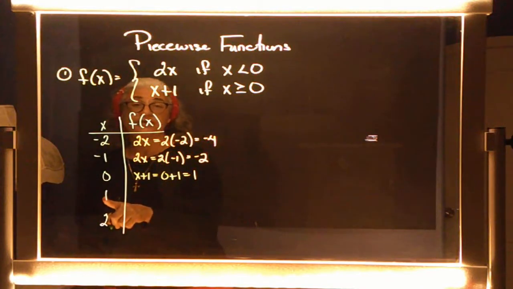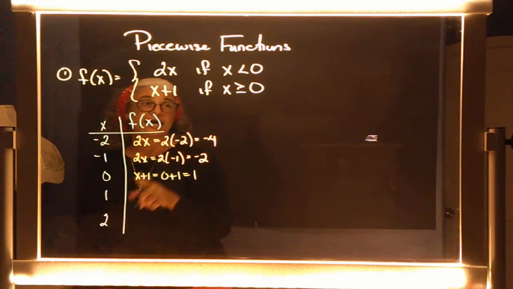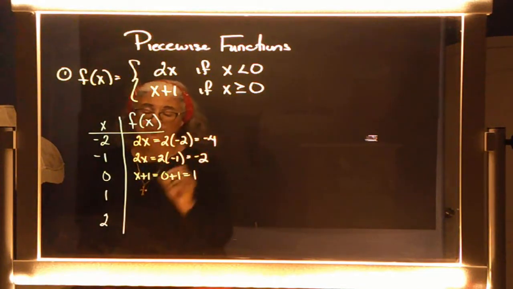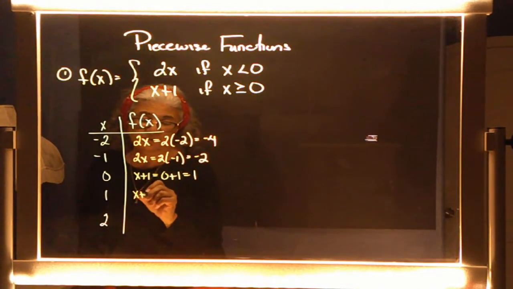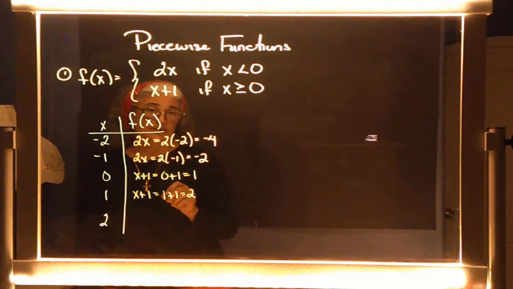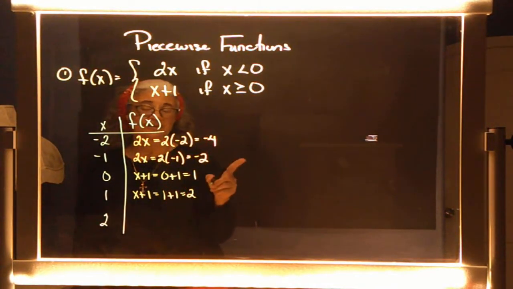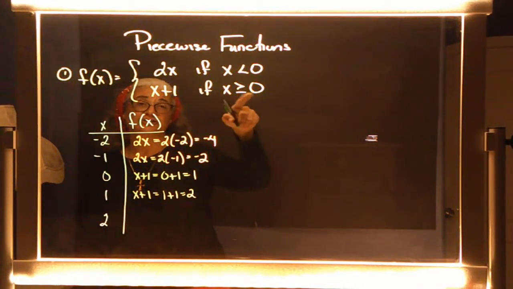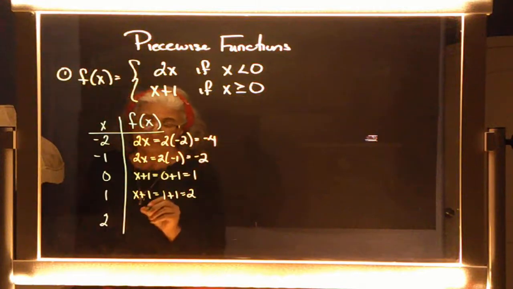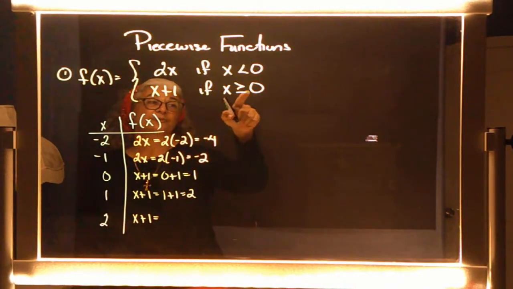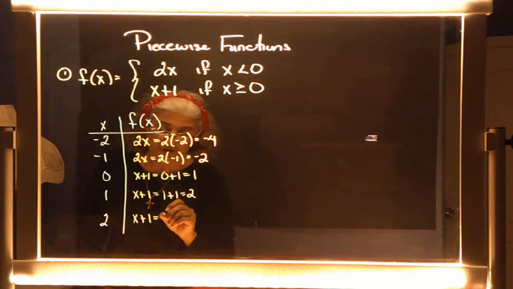The third number is 1. And since 1 is greater than 0, I'm going to use the second piece again, aren't I? Which means it's the x plus 1 piece. Does that make sense? Getting the hang of it? And then that last number, 2, we'll plug into the second piece again. So I would plug it into the x plus 1 piece since 2 is greater than 0.